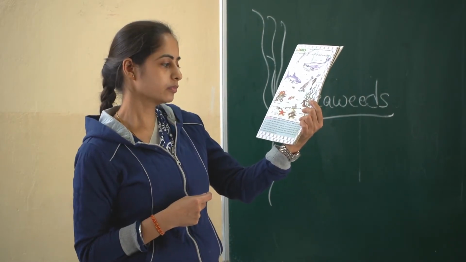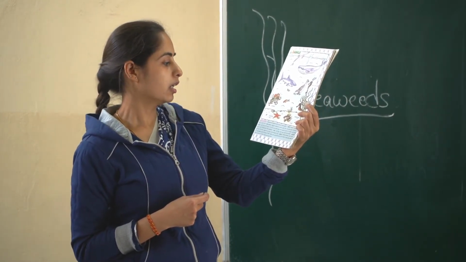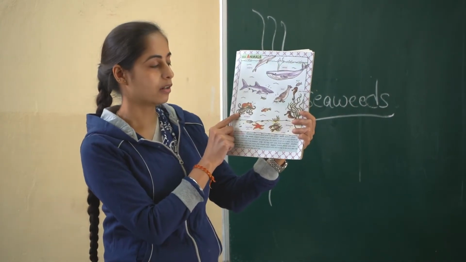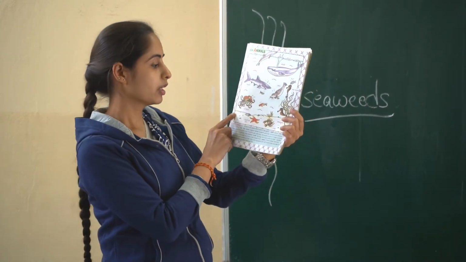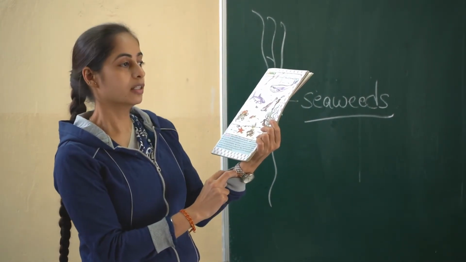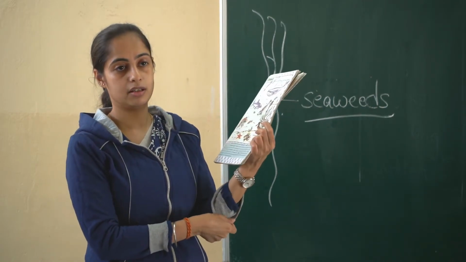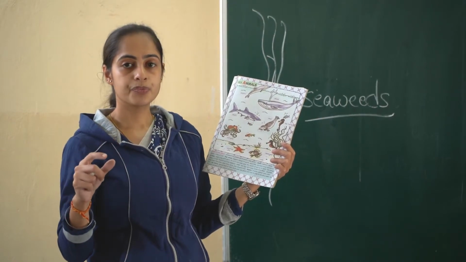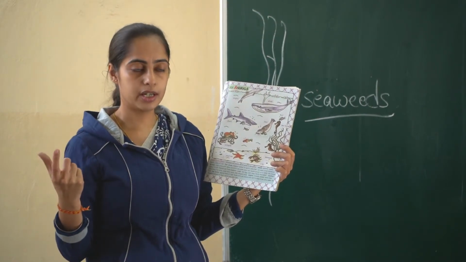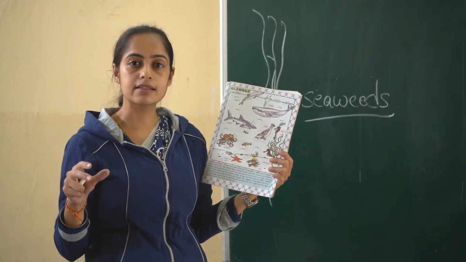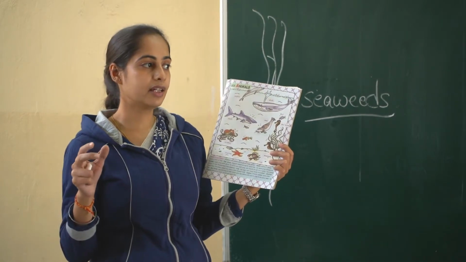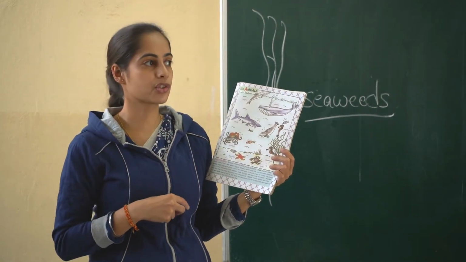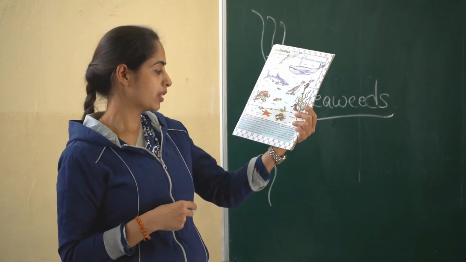And the last important thing is that the 8 arms help to catch fishes and to swim. They can easily catch things and just swallow them in their mouth. So these are the 3 things.